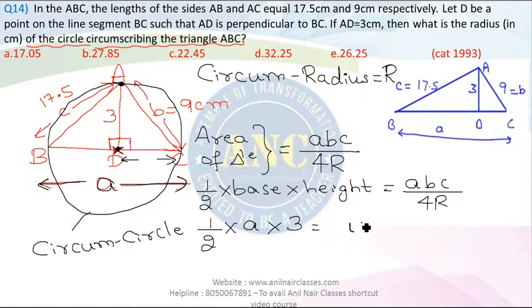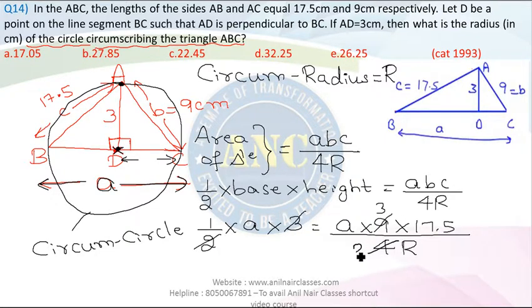I don't know the value of a. The value of b is given in the question as 9. The value of c is given as 17.5, divided by 4 times R. If I simplify further, 3 times 3 is 9, 2 times 2 is 4, and a also cancels. So what I am left with is R. Shifting to the left hand side, R is equal to 3 into 17.5, which is 52.5, divided by 2.